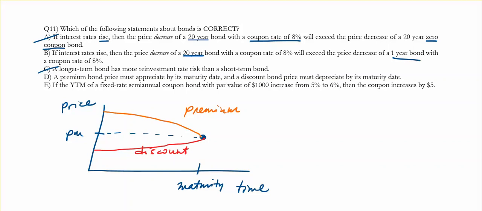So premium bonds must depreciate over time, discount bonds must appreciate over time, which is the opposite of what D says. So D is wrong.